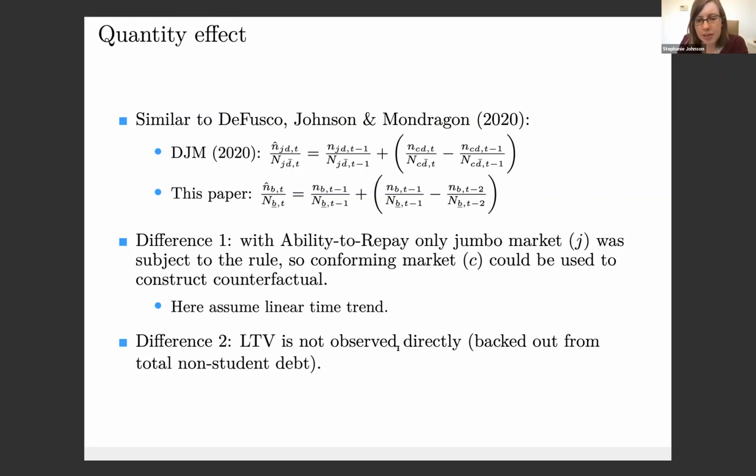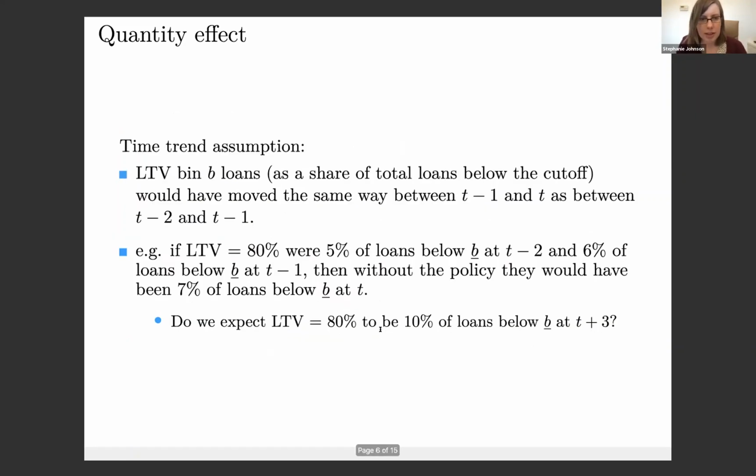And then the second difference is that they don't observe LTV directly. Instead, they're forced to back it out from total non-student debt. And so I think what this time-trend assumption means is that if, for example, loans with an LTV of 80% were 5% of loans below this lower cutoff at t-2 and 6% at t-1, then without the policy, they would have been 7% at time t, which could possibly be quite reasonable if you expect there's some kind of momentum.